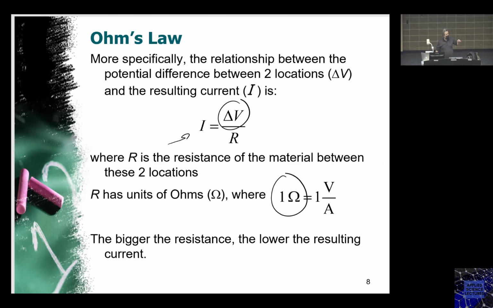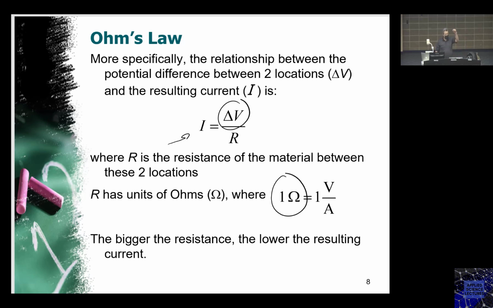This resistor works like a tap. Depending on the value of the resistor, you can control the amount of charge that flows. The higher the resistance, the lower the charge that flows. So the relationship between the resistance and the current is inversely proportional.